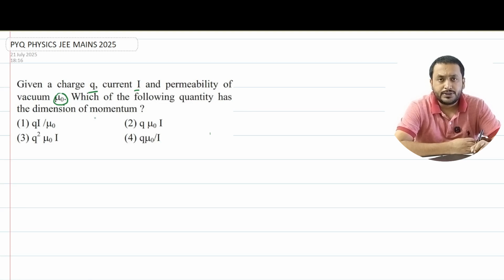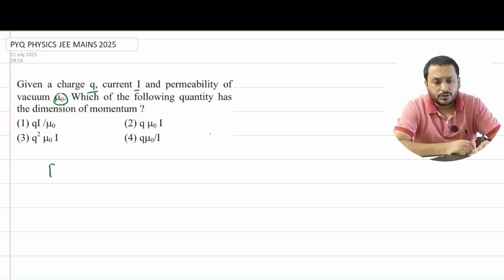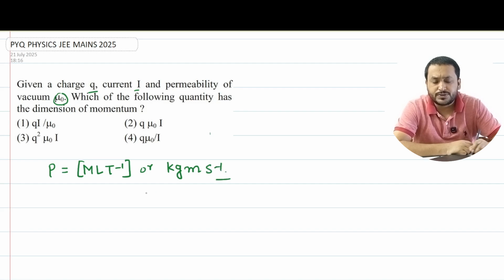momentum, right? So as we know, momentum, denoted by P, has a dimension M L T to the power minus 1, or unit-wise you can write it as kg meter per second, something like this.